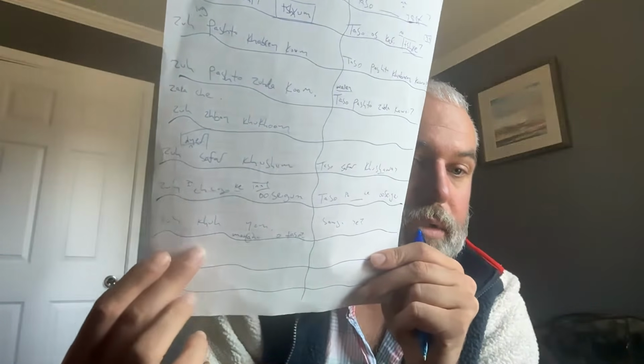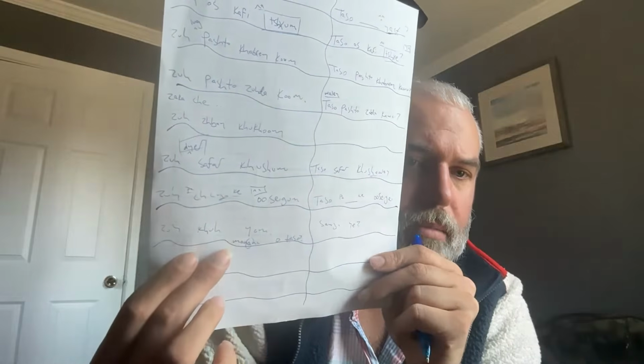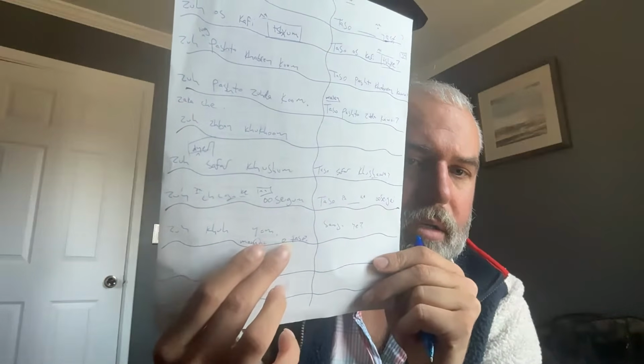And you is ota or otaso. We'll be polite. Otaso. All right. So if someone asks sangaye, you say za khayam, manana, otaso.